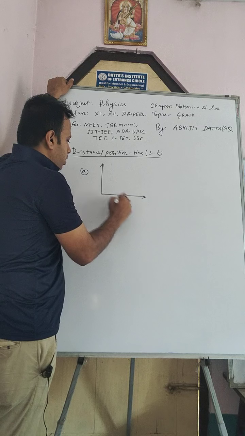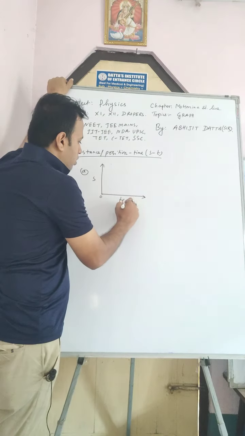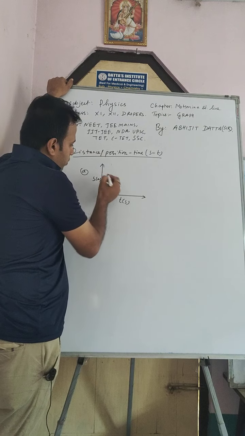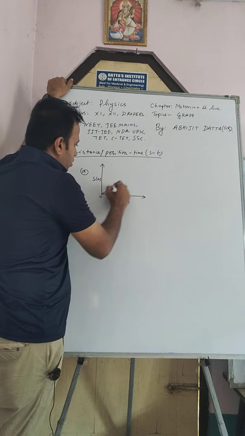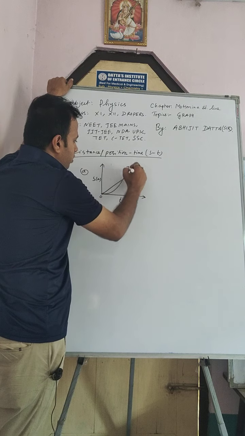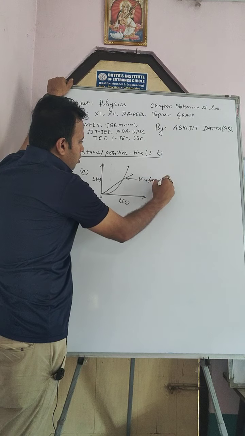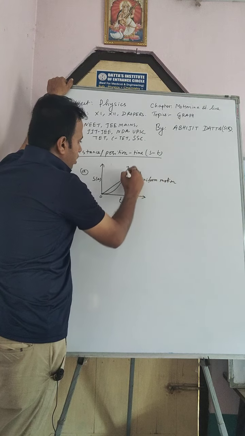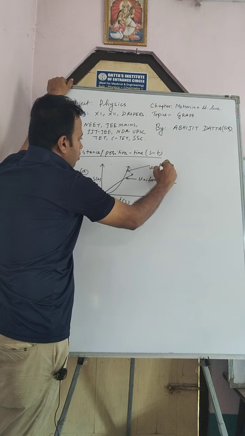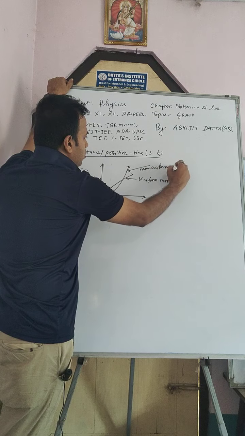Suppose this one is time and this one is S. This one is in seconds and this one is in meters. This graph will be uniform motion, and this graph is what we will call non-uniform motion.